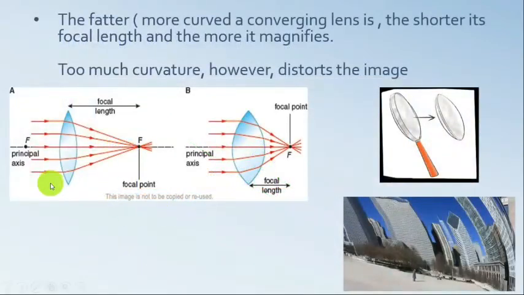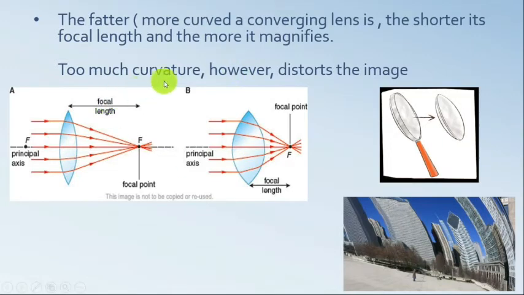Now, you remember we said this note before, that the fatter or more curved a converging lens is, it means the shorter the focal length is. The principal focus is closer to the lens. It means that it magnifies more. So it's better for the lens to be fatter or more curved.